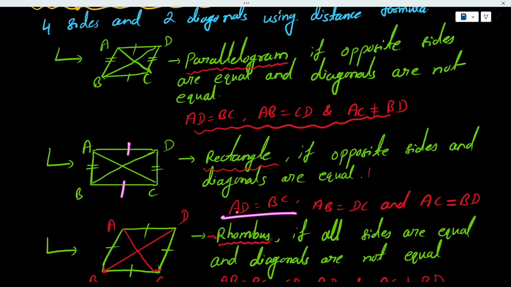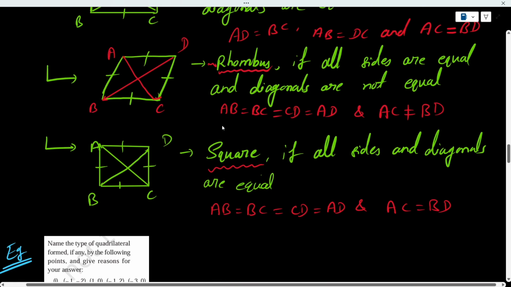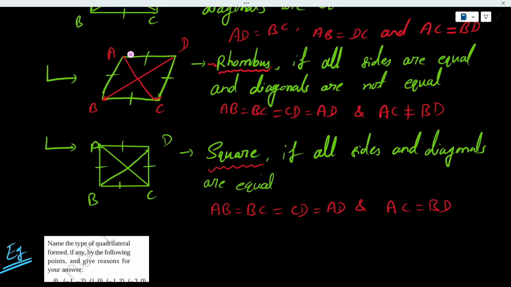So if AD is equal to BC, AB is equal to DC, and you know that in a rectangle the diagonals are also equal. So in the parallelogram the diagonals were not equal, but in a rectangle the diagonals are equal, right? That's the difference.